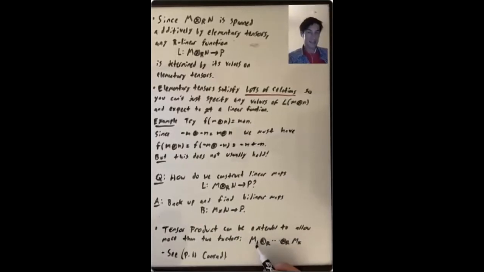So you can take the tensor product of R modules M1, M2, up through Mk. For a little more detail on this, see page 11 of Conrad's notes, but this is not something that we're going to focus on here. Okay, so I'm going to pause and erase, and then I'll go through some basic questions that you might have about working with tensor products.